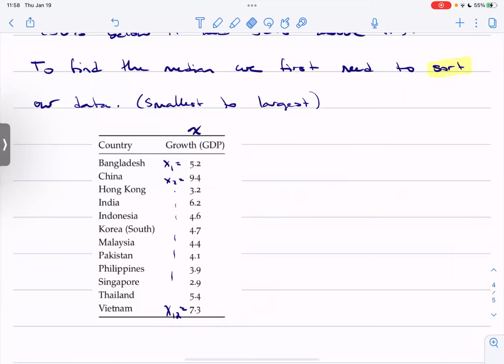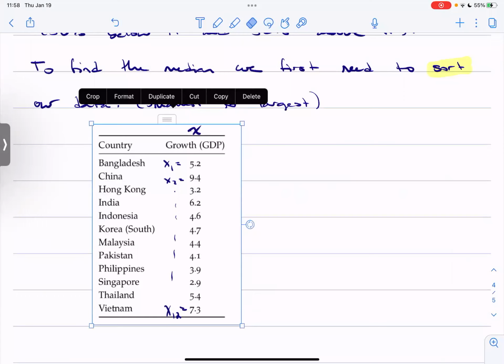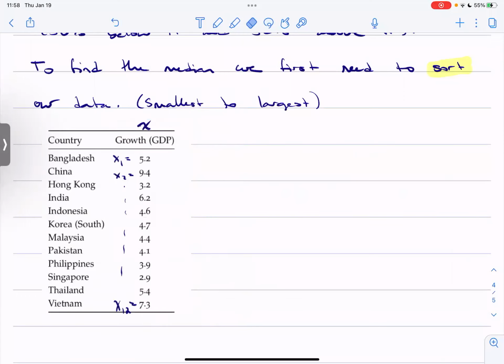Wonder if I can erase. I cannot. Okay, that's fine. So what I want to do is sort this data.